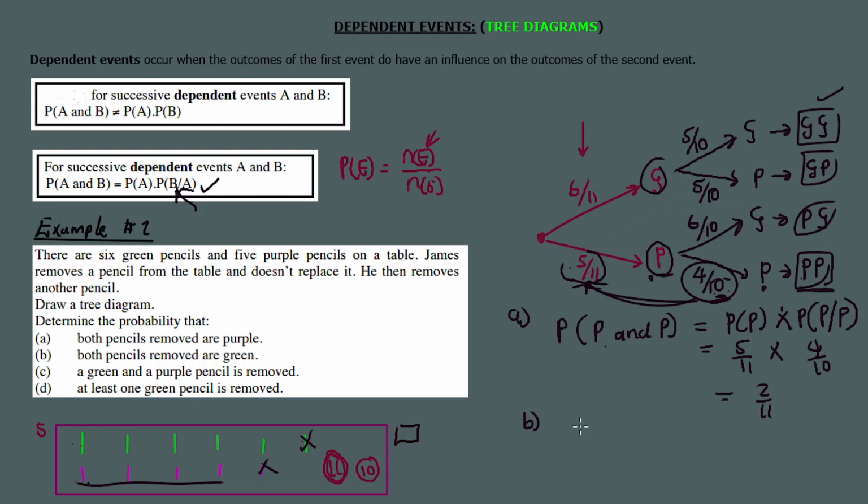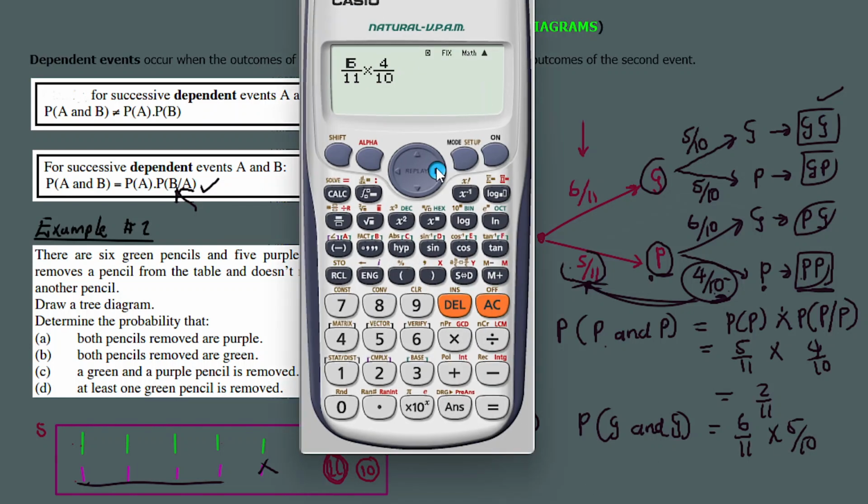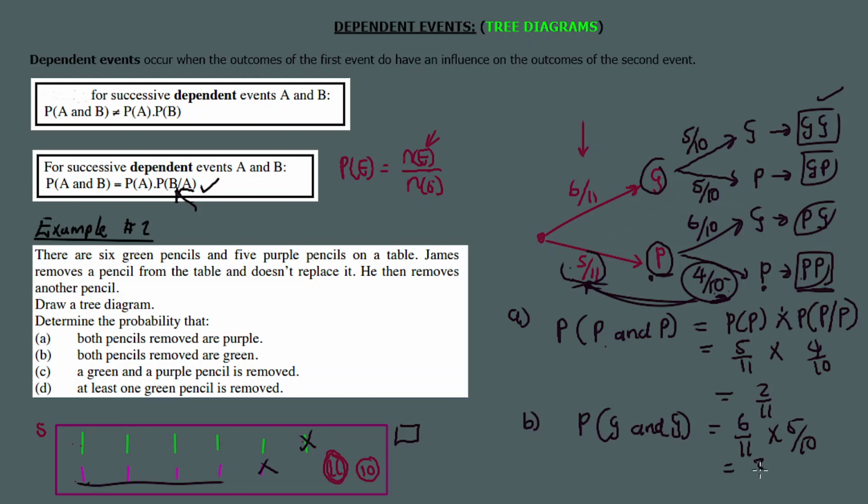G and G should be equal to 6/11 times 5/10. It's 3/11.